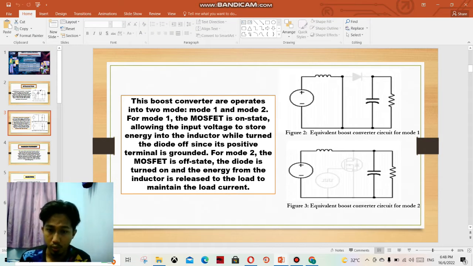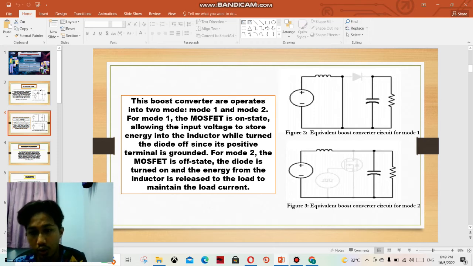For mode 2, the MOSFET is in the off state. The diode is turned on, and the energy from the inductor is released to the load to maintain the load current.